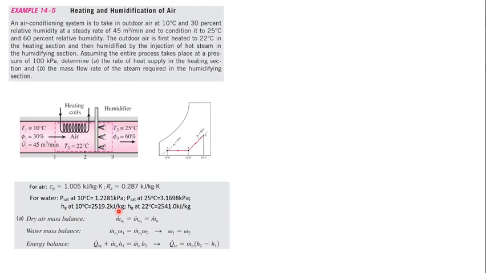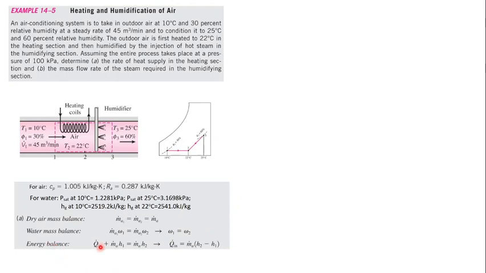So this is our mass balance for air. This is the mass balance for water vapor. So as I mentioned before, 1-2 does not change the moisture content or the water vapor content. So we are expecting omega 1 is equal to omega 2.